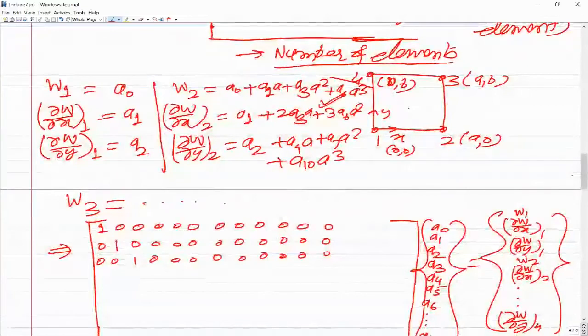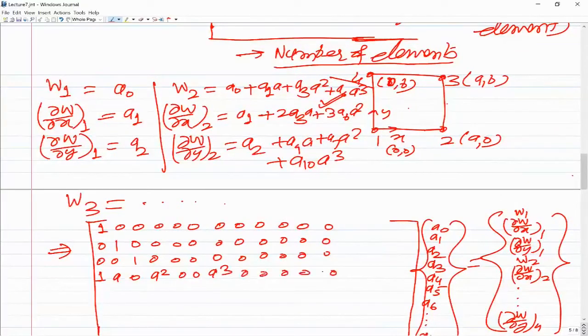So same thing if you want to put in this matrix form, that would be 1, A, 0, A square, 0, 0, then A cube, then these zeros. Then del W by del X at 2 would be 0, 1, 0, 2A, 0, 0, 3A square.